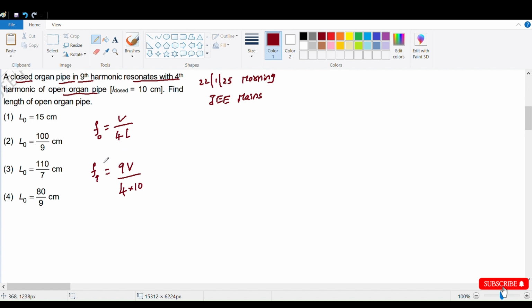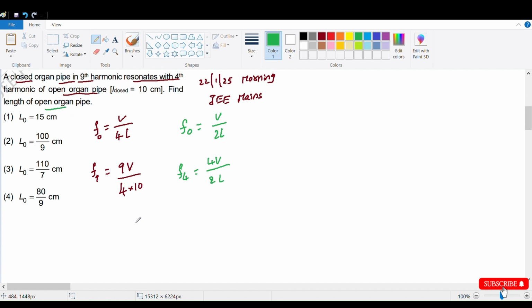See, this is for closed, and for open, F for an open pipe is equal to V by 2L, and they are saying fourth harmonic, so F for the fourth harmonic is equal to 4 times V by 2 into the length of the organ pipe. They are asking for the length.